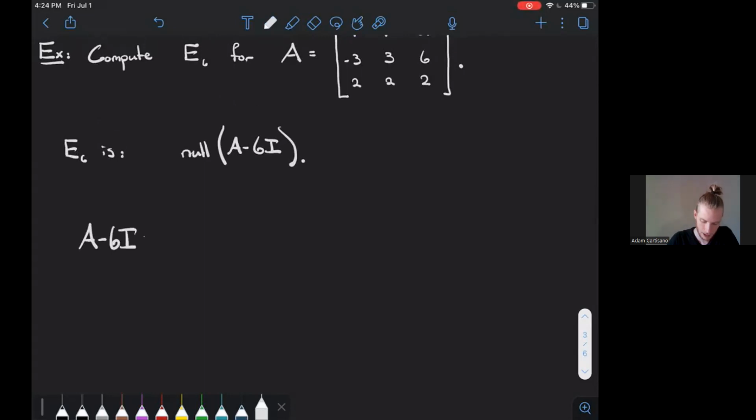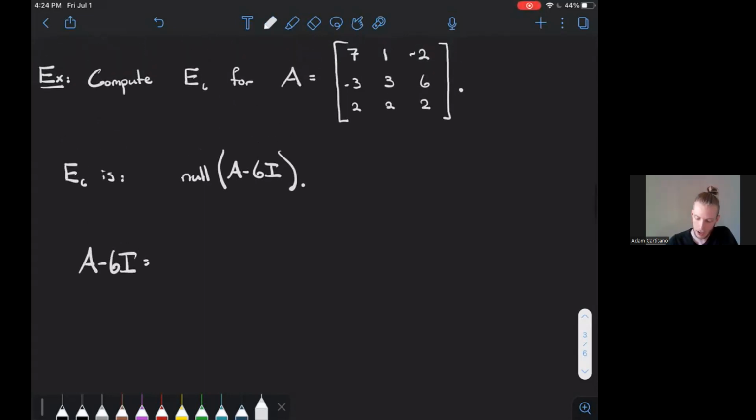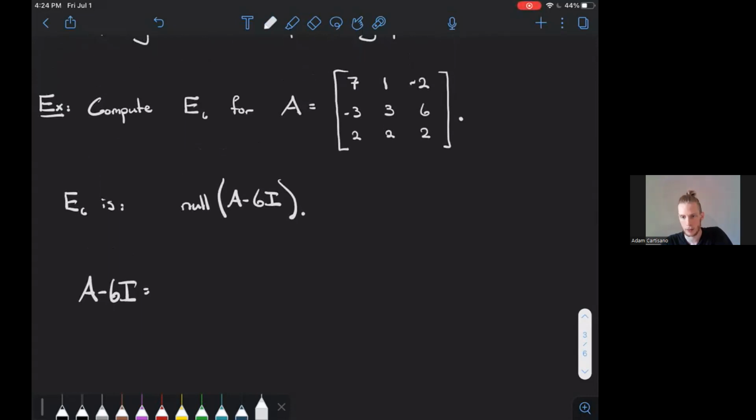A minus 6I. I'm not going to write out all of the matrix subtraction. I'm going to say it verbally. I'm going to subtract 6 from each of these diagonal components and leave the rest the same. You can verify that's exactly what we're doing with A minus 6I.